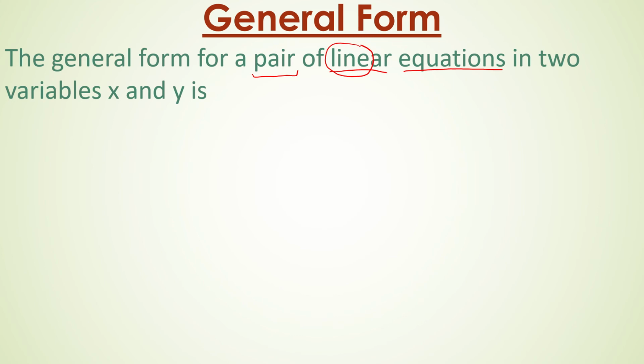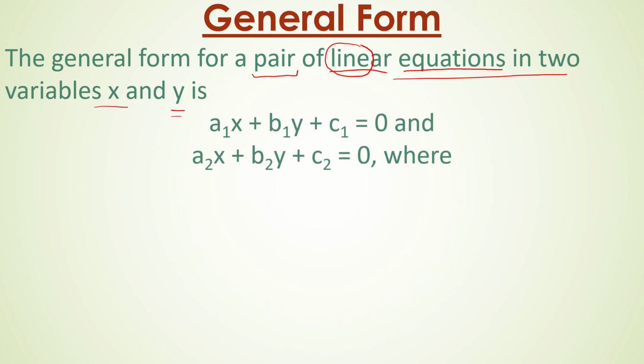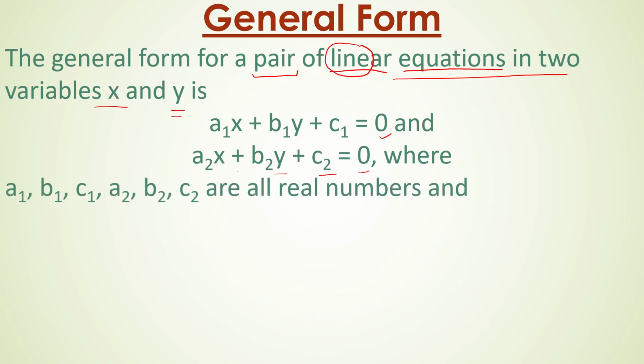So, the general form or the standard form of a pair of linear equations in two variables, suppose x and y, is a1x plus b1y plus c1 equals to 0, and a2x plus b2y plus c2 equals to 0, where a1, b1, c1, a2, b2, c2, that means the coefficients and the constant terms, are all real numbers.